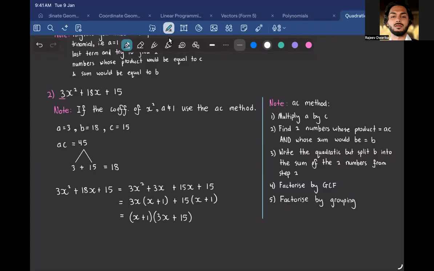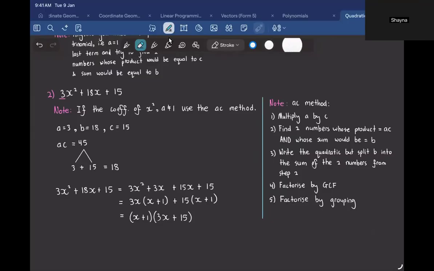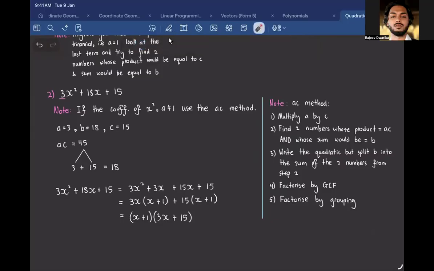All right. So Serena and Sheena, I presume that you all are perfectly fine with the AC method, right? And factorizing quadratics in general. Yes, sir. Okay. While Avinash is copying this down, let me explain a little concept to you guys. Anytime you're sketching a quadratic curve, the main things are you need to figure out if it's a minimum or a maximum.